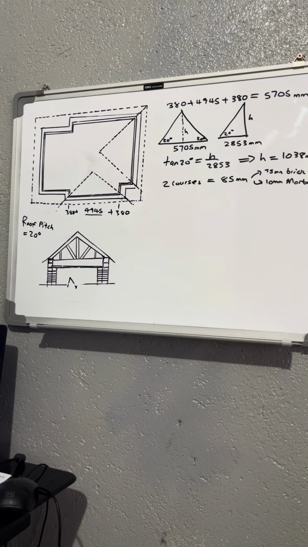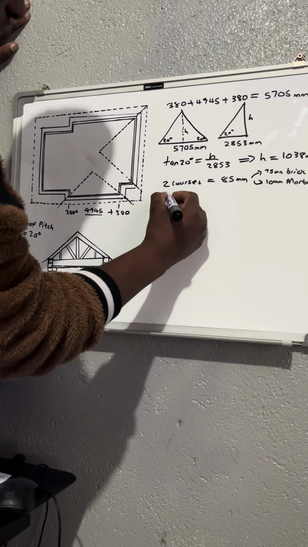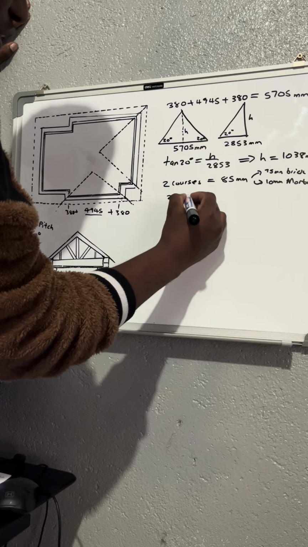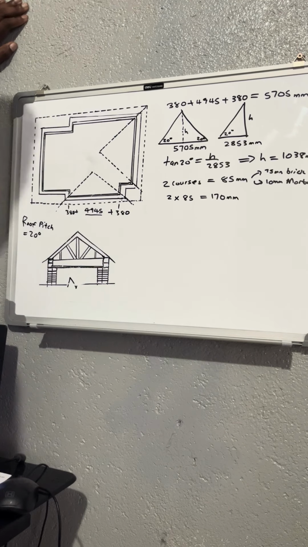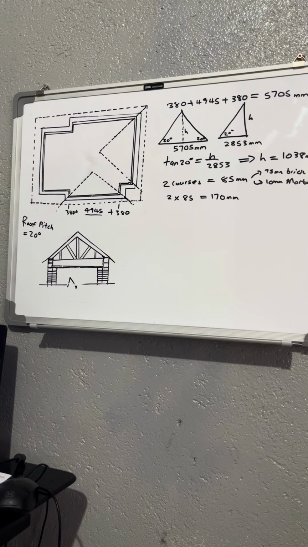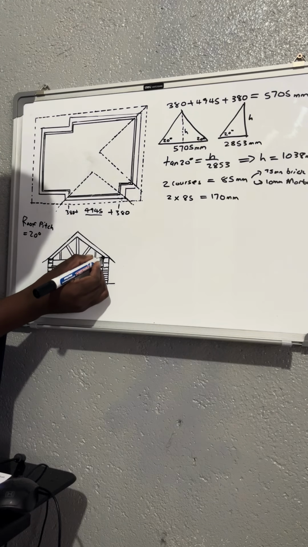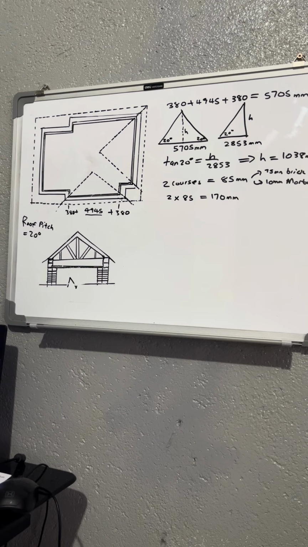Since we have 2 of these, we can say 2 times 85, which gives us 170 millimeter. So this is for this, but now we still have to calculate that smaller triangle.